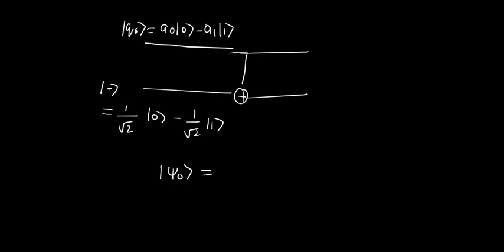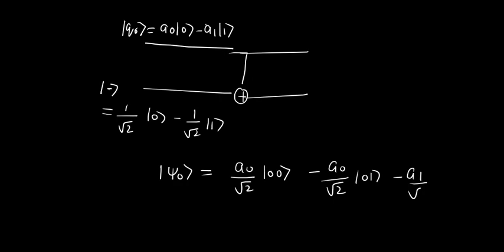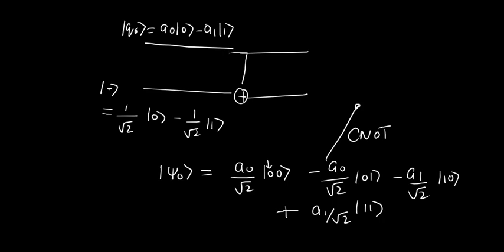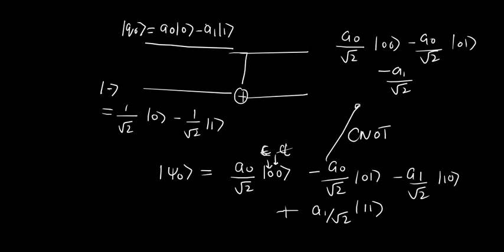I'm using another approach where I will write it as a tensor: A0 by root 2 |0> minus A0 by root 2 |1>, minus A1 by root 2 |1> plus A1 by root 2 |0>. Please let me know if I'm making any mistake. Now you operate CNOT over it, right? CNOT is a 2-qubit operator and the principle is the same. This is the control qubit and this is the target qubit. So the answer would be A0 by root 2 |00> minus A0 by root 2 |01> minus A1 by root 2 |11> plus A1 by root 2 |10>. So this is the output state.